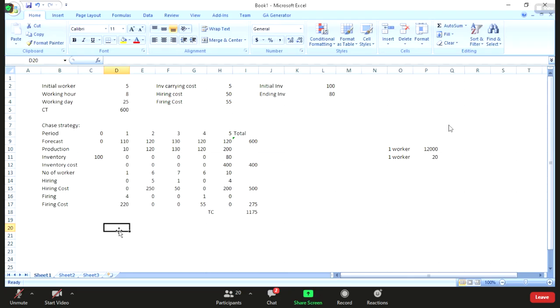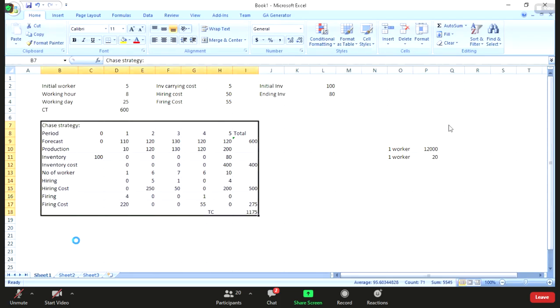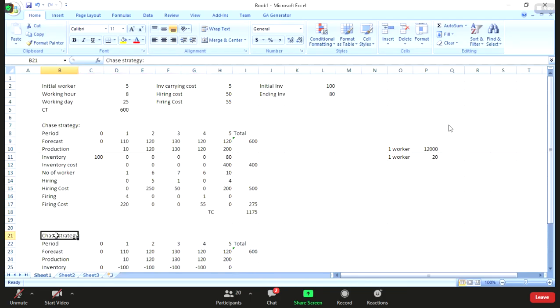In the leveling strategy, we need to calculate the average production quantity first. So how to conduct leveling? Okay, I just copy this matrix, copy this one, and then paste here. And then I change it to leveling strategy.